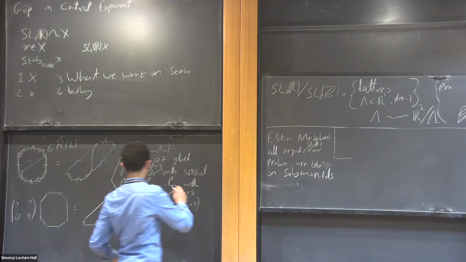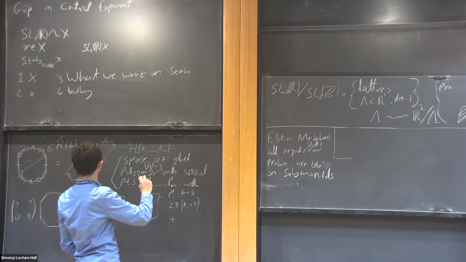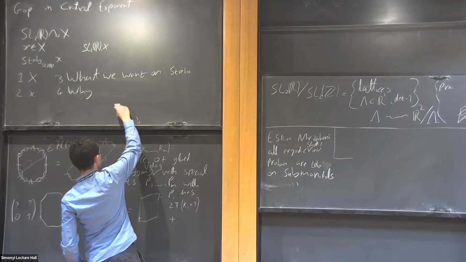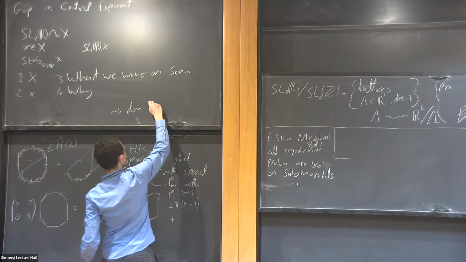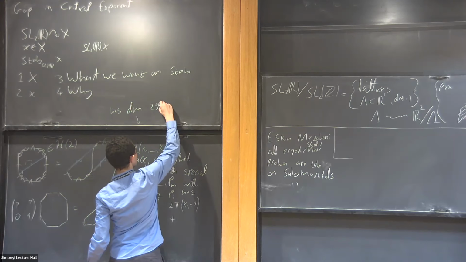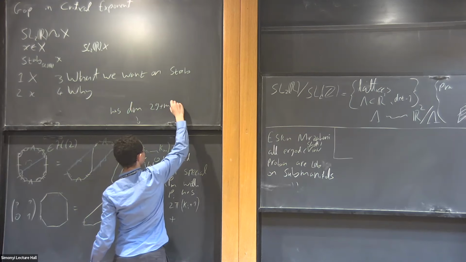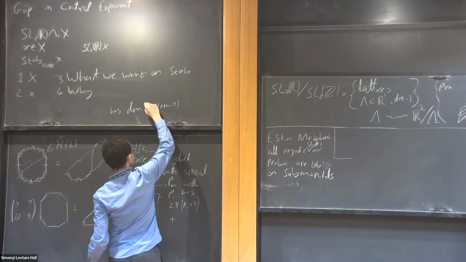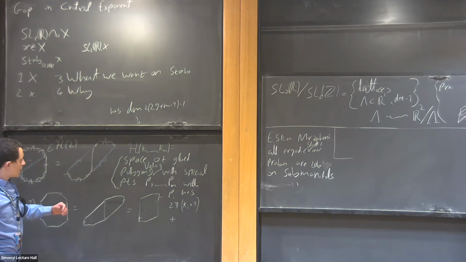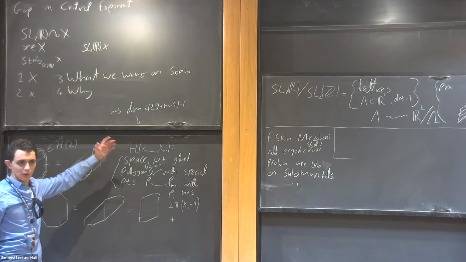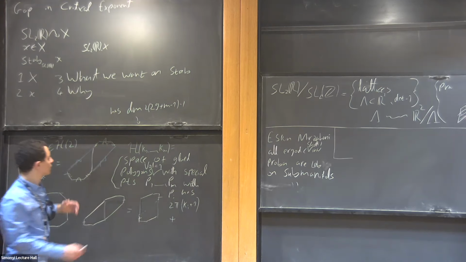Okay, maybe I write it here. Has dimension (2g plus m minus 1) times 2 minus 1. So it's a manifold with this dimension.